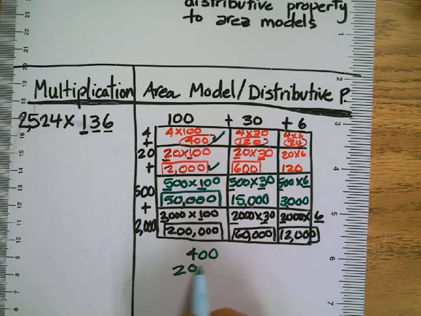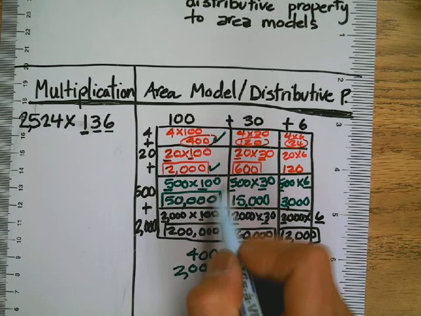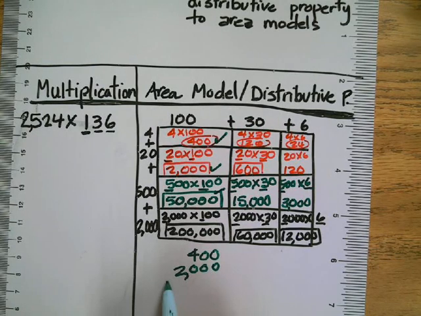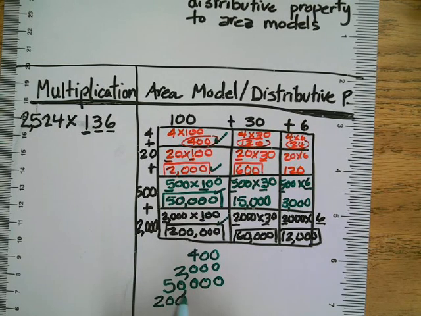Oh, look at this, my friends. We have like a cake here. All we have to do is add them up. Zeros equals zeros. 4 plus zeros equals 4. Plus zeros equals 2. 5 plus 0 equals 5, and 2 plus 0 equals 2. So that's our first partial answer.